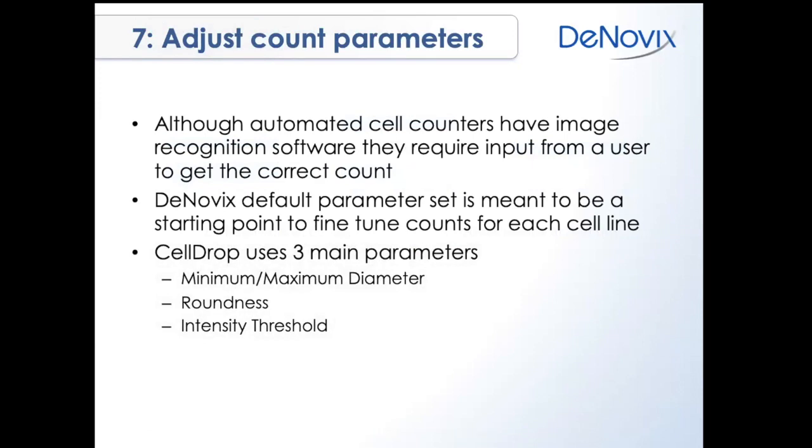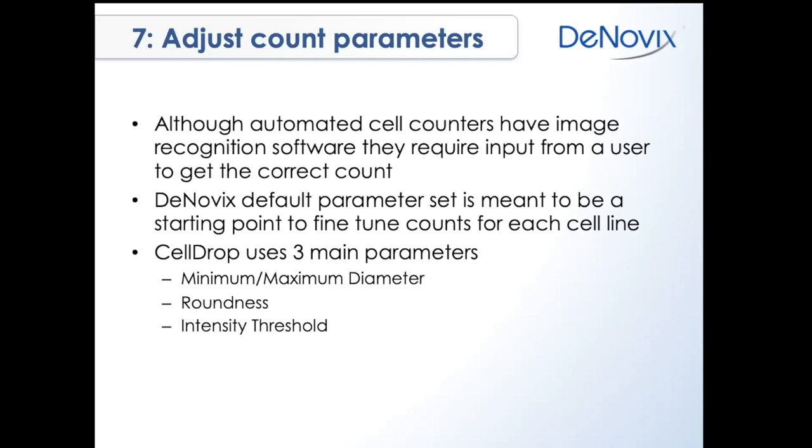Okay, so the last tip that we have is to adjust the count parameters. This one applies only to automated cell counters. Automated cell counters have image recognition software that in general is meant to be a starting point to get a good count.